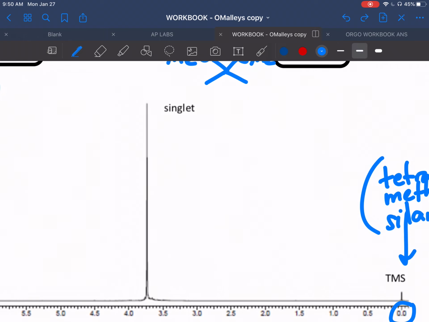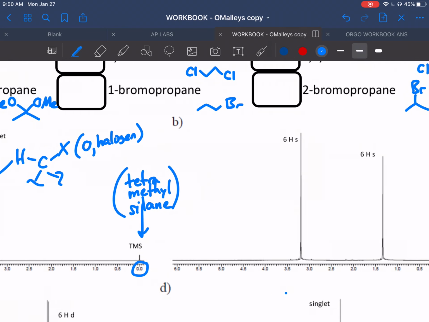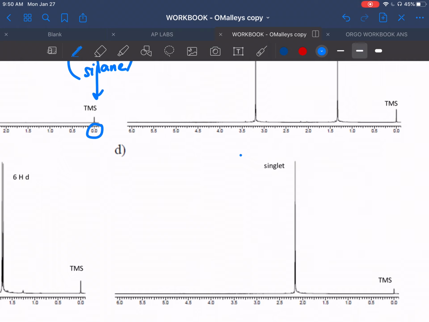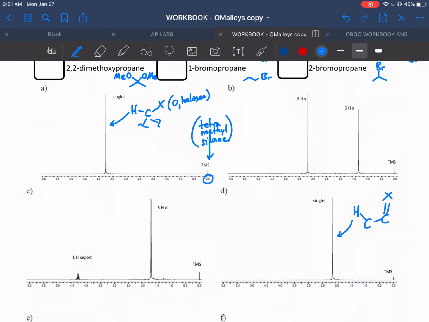So if it's up in the 3s, this is an H on a carbon that's near some X group, where X is maybe an oxygen or a halogen. That's just based on the reference up above. Whereas the location in the 2s for spectrum D, this is an H that would be attached to a carbon which is adjacent to some other carbon that's doubly bonded to something, maybe another carbon or an oxygen. And that right there actually narrows down which one is which.